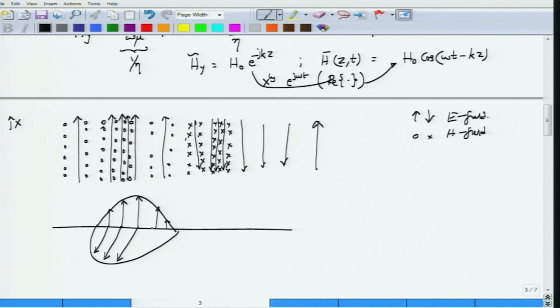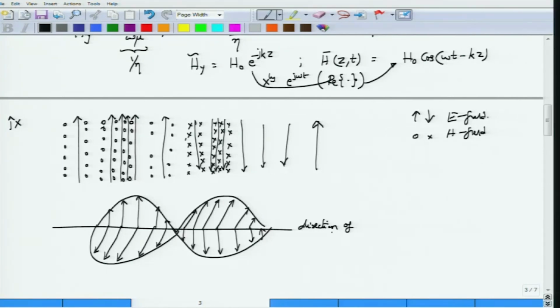You might have seen this in many textbooks. These are the electric field lines, these are the magnetic field lines, and this is the direction of wave propagation.